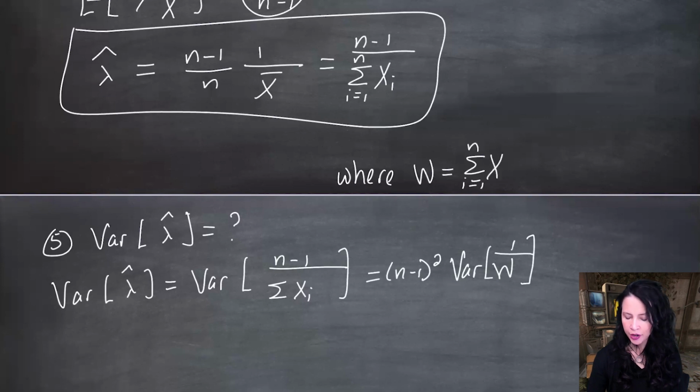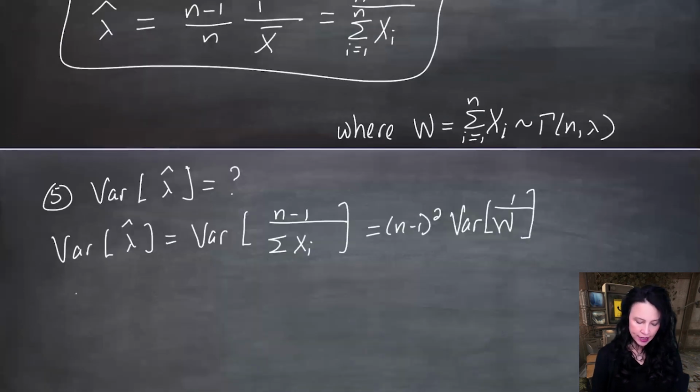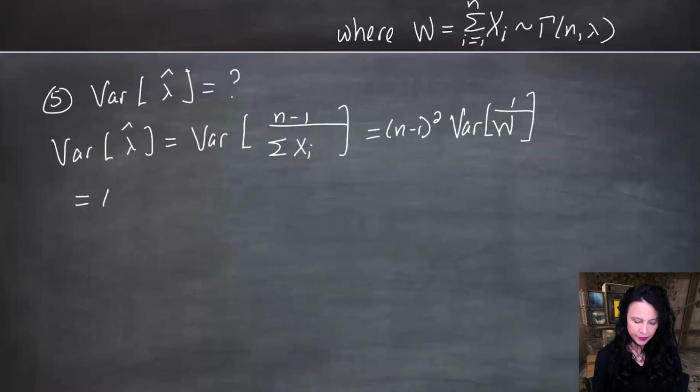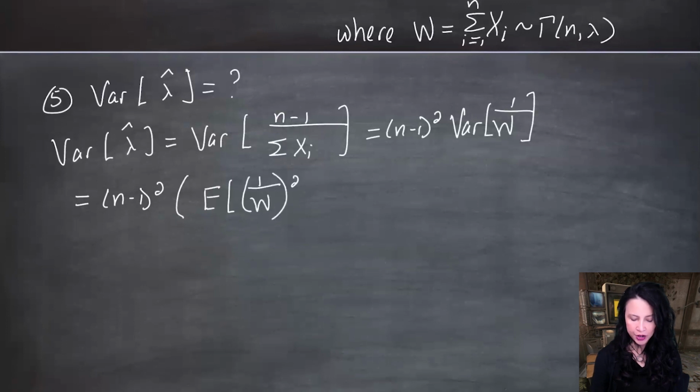And we know, starting with exponentials, that this has a gamma distribution with parameters n and lambda. So I can compute this variance several ways, but one way would be to write this as the expected value of 1 over w squared minus the expected value of 1 over w, all squared.